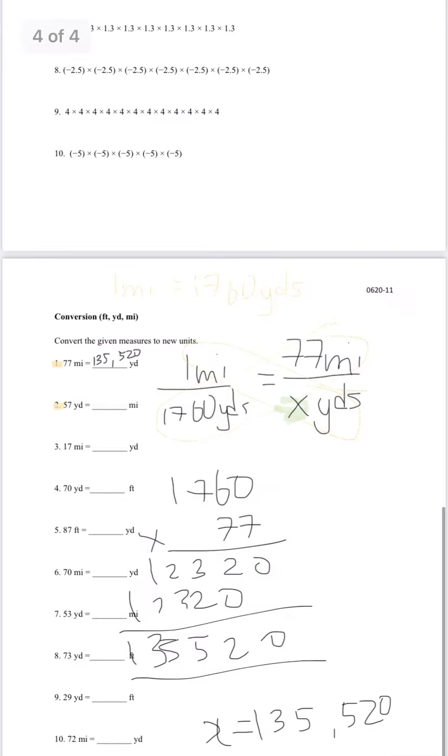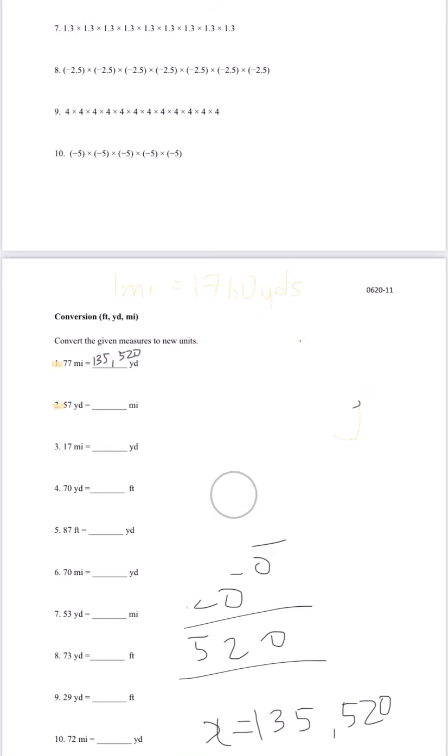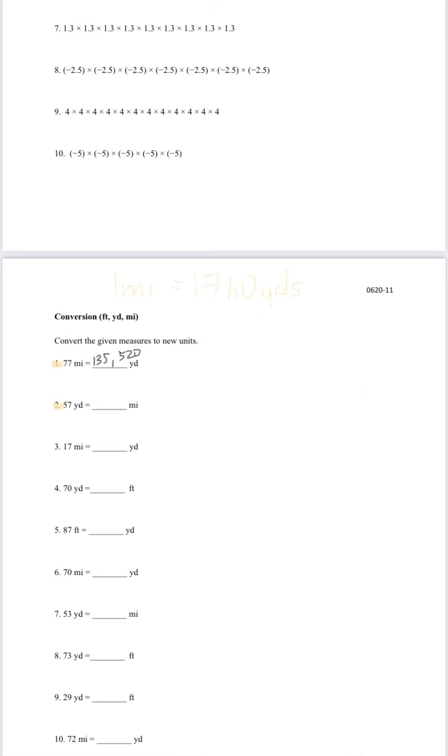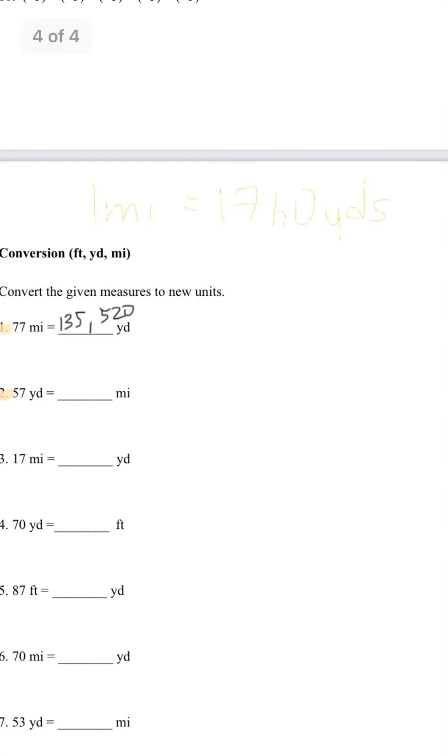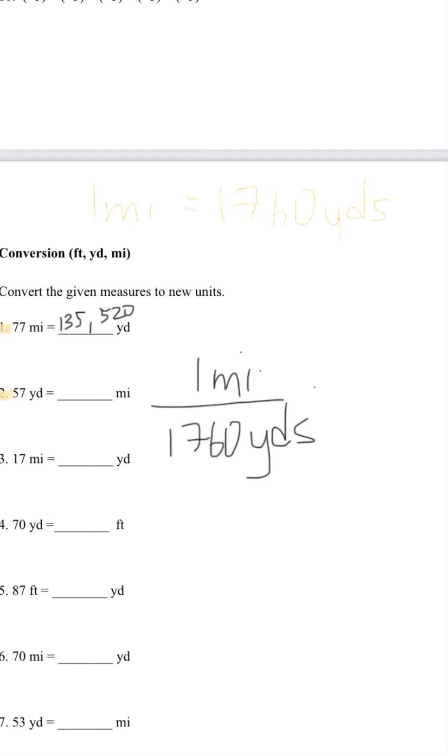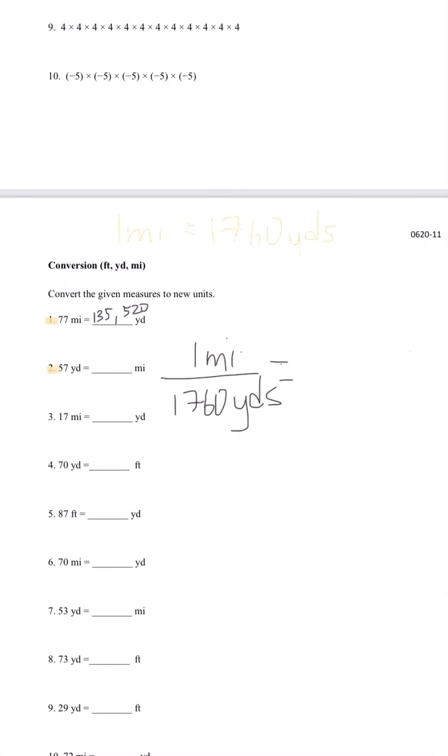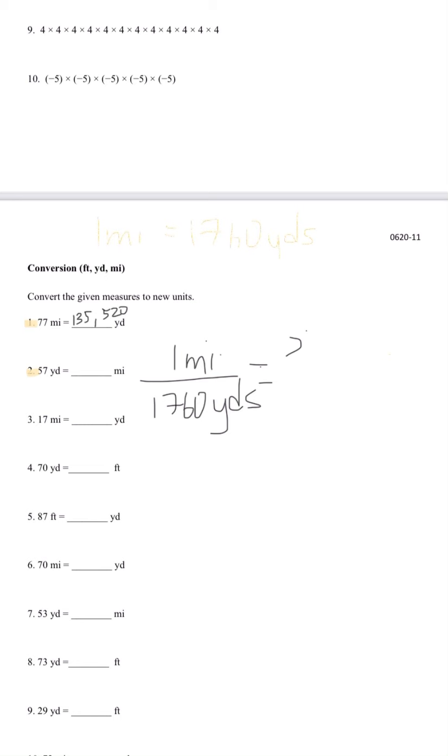Okay, so let's go ahead and look at number 2. So again, we know that 1 mile equals 1760 yards. And so how many miles? This time we're trying to find the mile. Okay, so how many miles is 57 yards? Again, do cross multiplying, right?